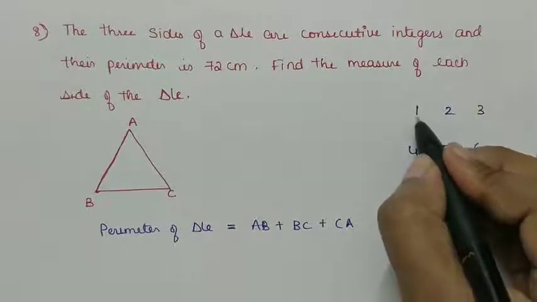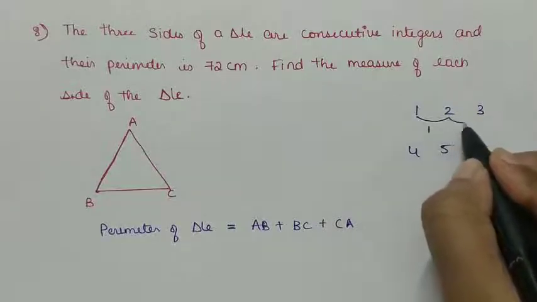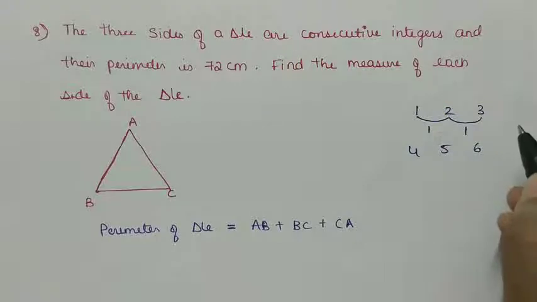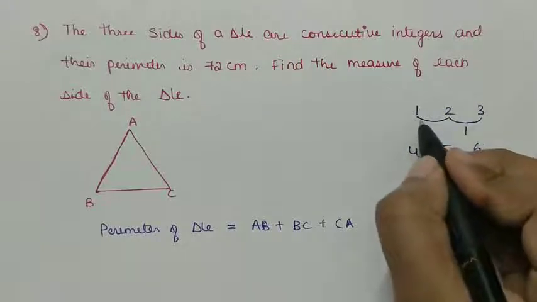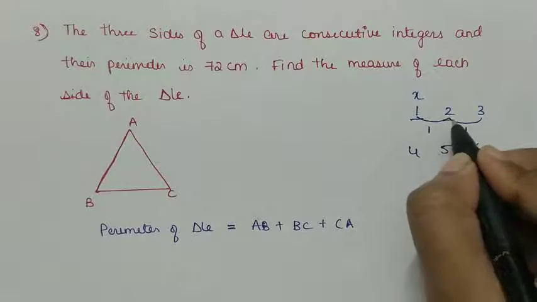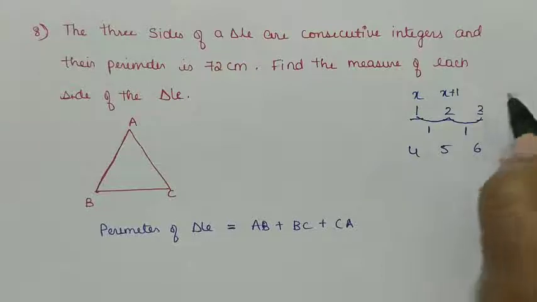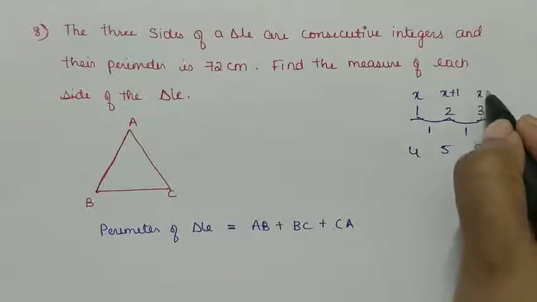The difference between two consecutive integers will be 1. So let the first integer be x. The next consecutive integer will be x plus 1, and the third consecutive integer will be x plus 2.